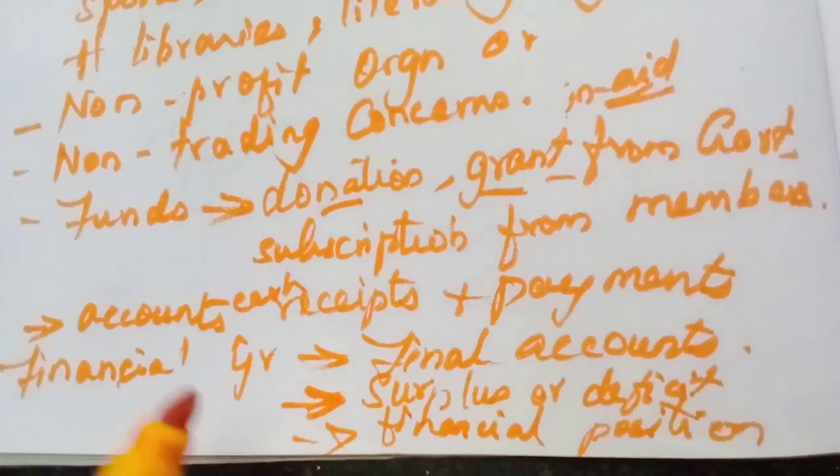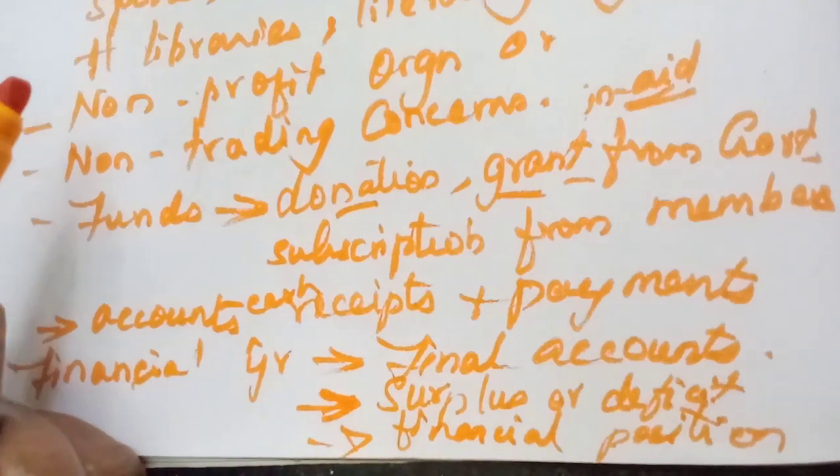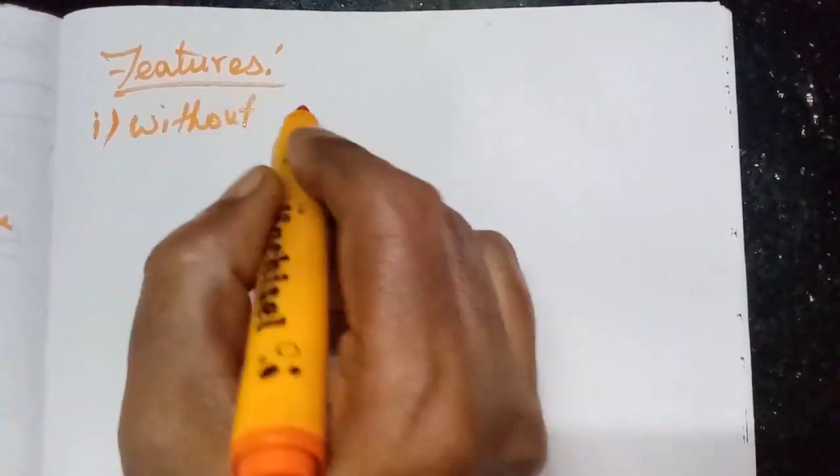Understood? Now we will learn again the features of not-for-profit organizations. So what are the features? From the meaning that we have studied, we can say the features. First feature is these not-for-profit organizations are running without any profit motive.